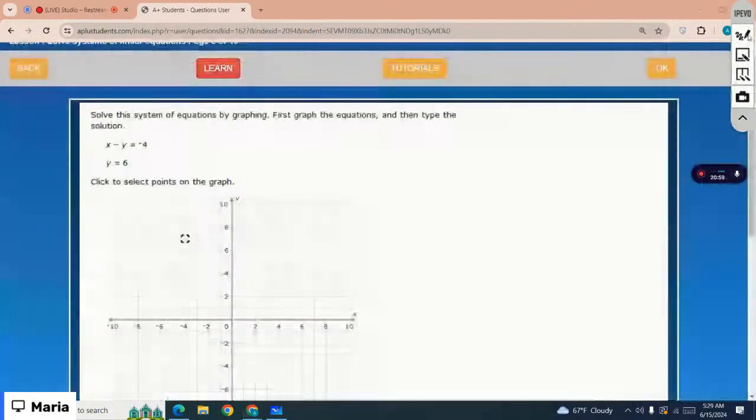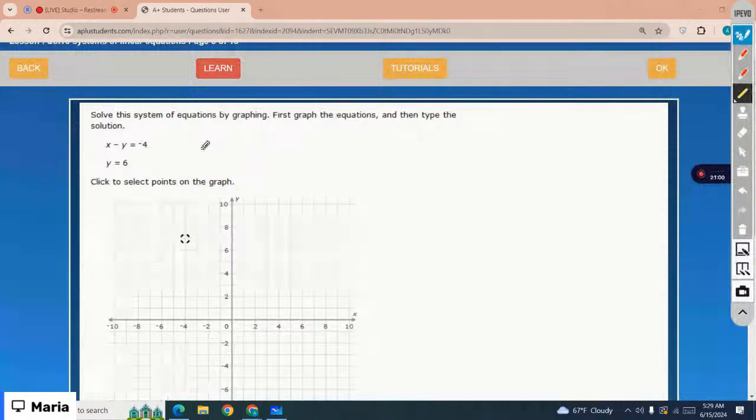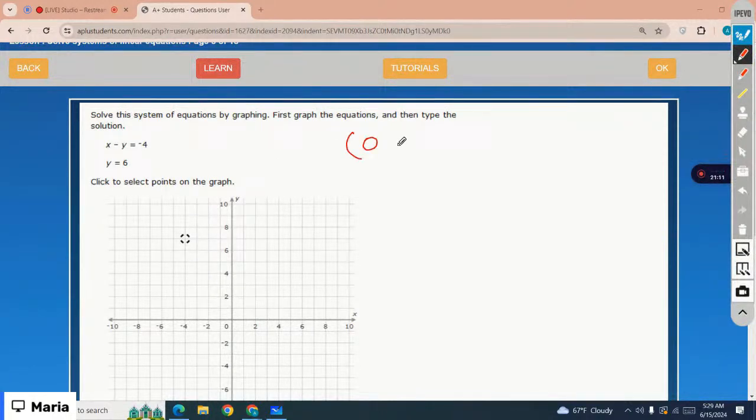Okay, for this equation, when x is 0, y is 4. When y is 0, x is negative 4. So let's just make a line, right?